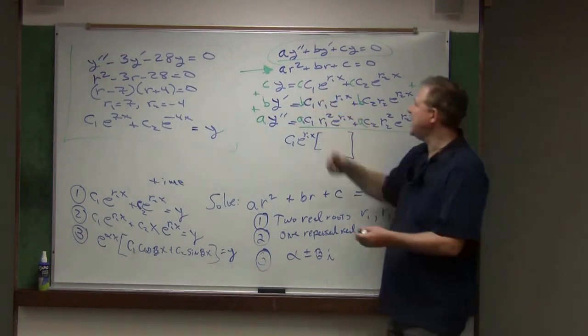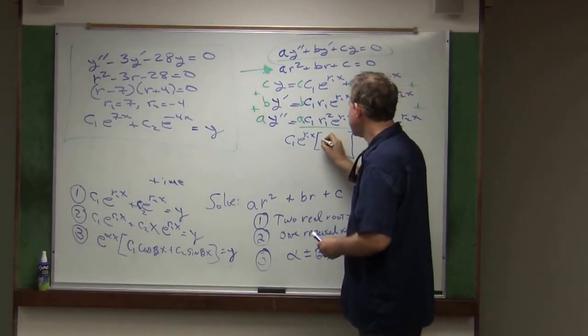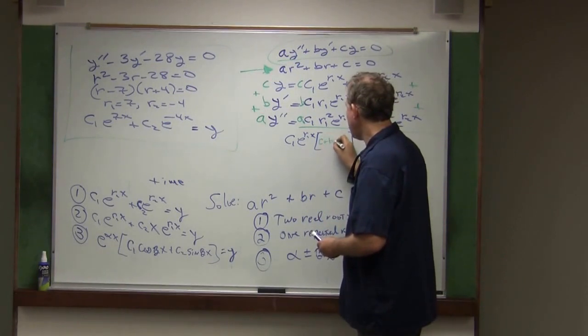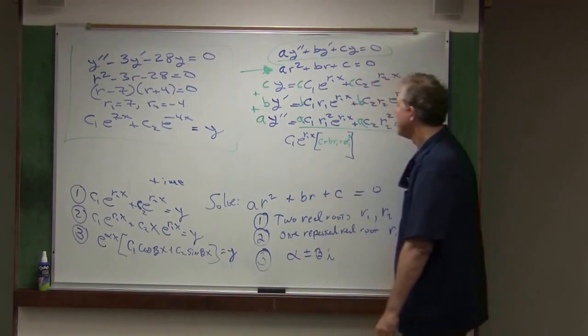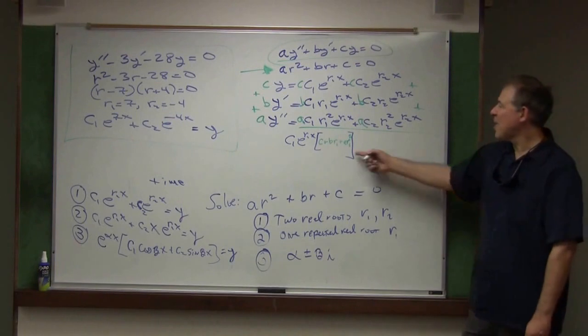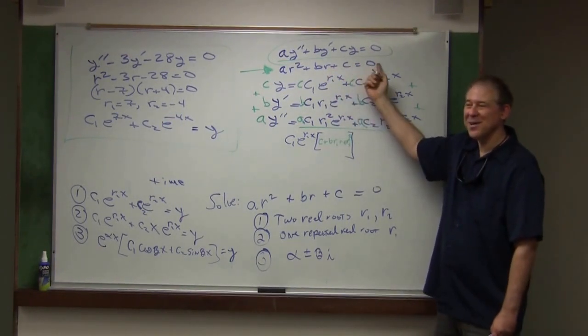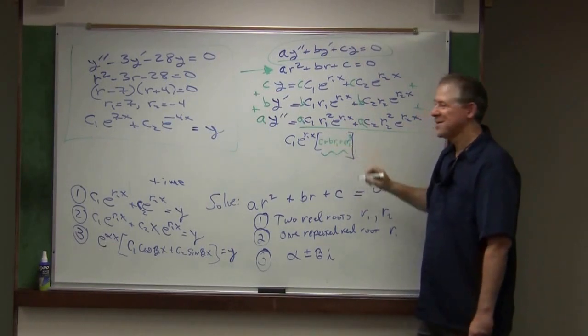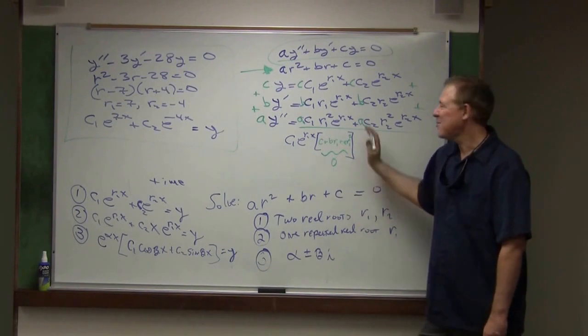I've got c plus b r1 plus a r1 squared, yeah? But if r1 is a solution to the quadratic equation here, what is this? 0. So that wipes it out.